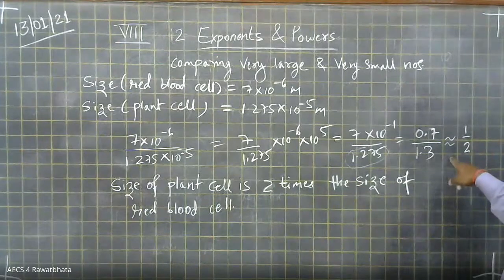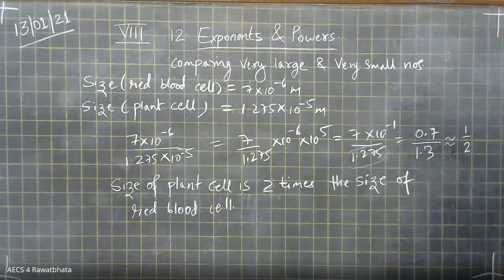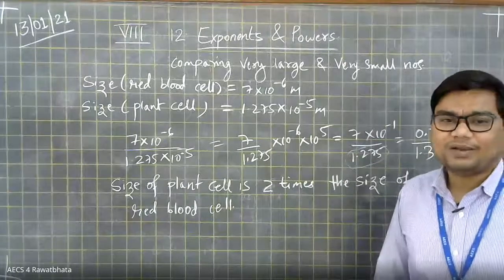See, I am not writing equal to, I am using this symbol which is similar to equal to, which means approximately. All of you understood? Yes, sir. So size of plant cell is 2 times the size of red blood cell.